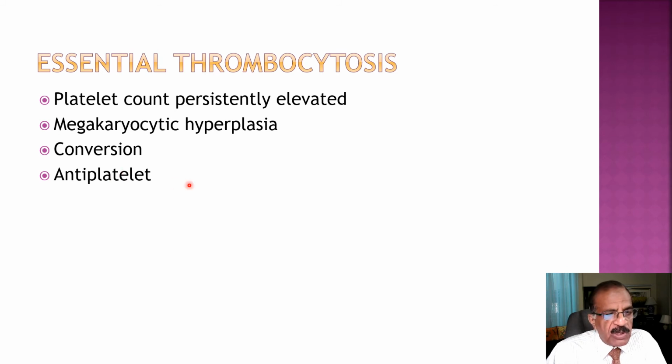But since these patients are sometimes prone to develop bleeding also, it's not a very simple and straightforward case. But we do prescribe antiplatelets, maybe double, and the aim is to reduce platelet aggregation. So there is an increased number, but we reduce their aggregation so that clots do not develop.